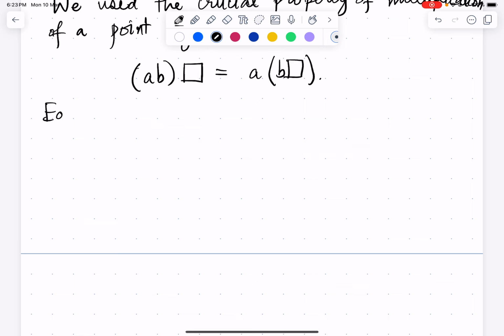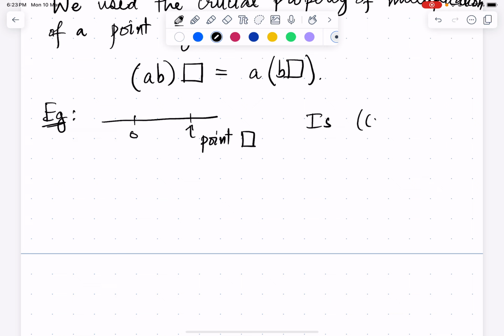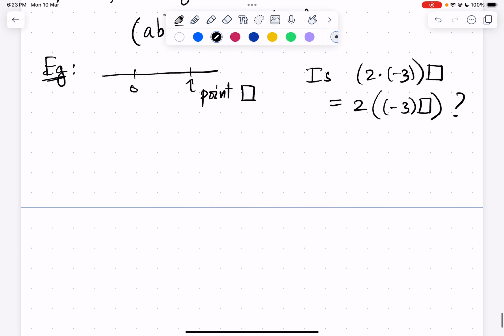For example, if you take a point, let's call this point box, we can ask, is this property true? For example, 2 times minus 3 times box, is it equal to 2 times minus 3 times box? Is this true? Let's see.